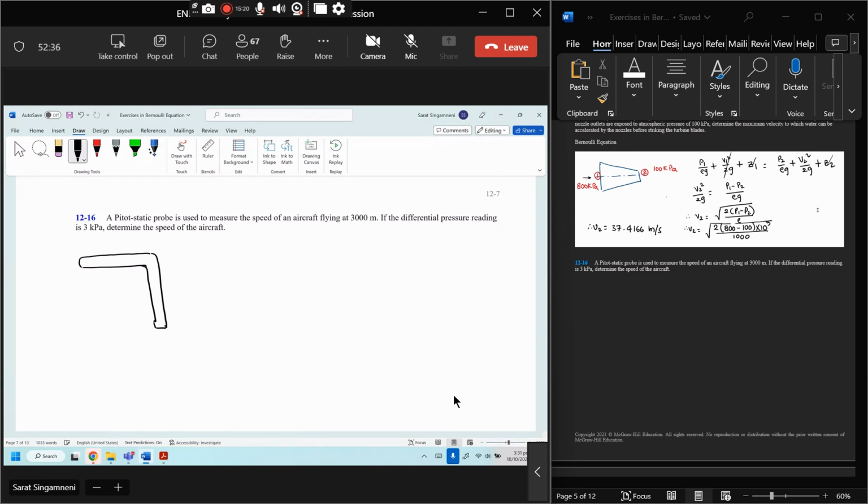There is an internal hole through which fluid is passing. In this case, it could be air. And also in the outer skin, there are two piezometers attached. They are just simple holes like this.